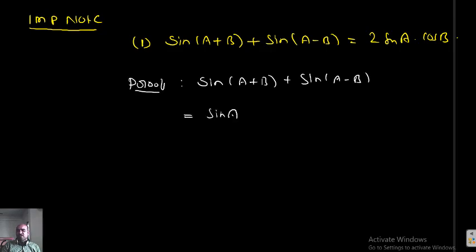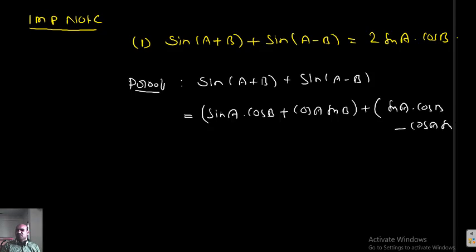Sin A cos B plus cos A sin B, bracket, plus sin of (A minus B), sin A cos B minus cos A sin B. Observe, students, these two get cancelled. So what do we get? These two are like terms, just like x plus x is 2x, so 2 sin A into cos B. So this is the formula for sin of (A plus B) plus sin of (A minus B).